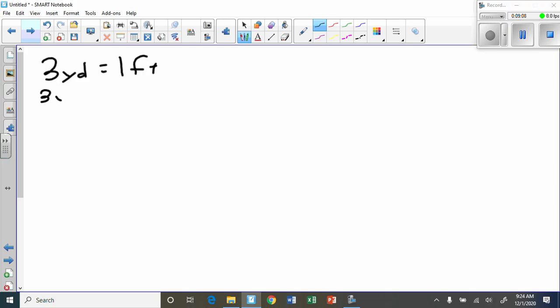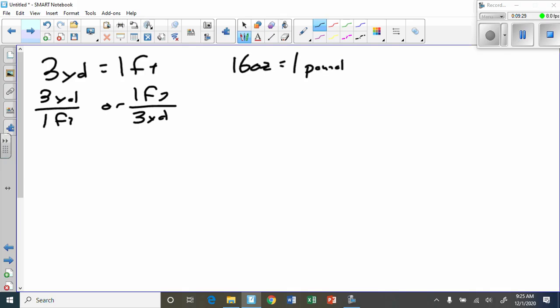We could make 3 yards over 1 foot, or 1 foot over 3 yards. And it makes a difference which one we use. So if I said a while ago 16 ounces equals 1 pound, what are my 2 unit multipliers I can make out of that?